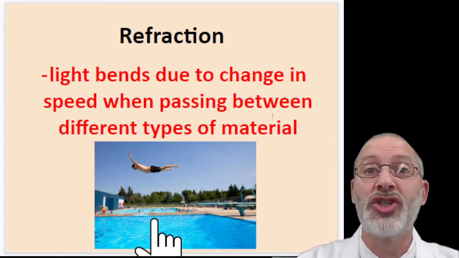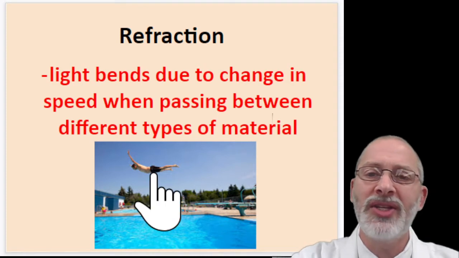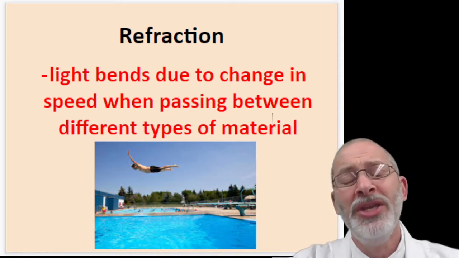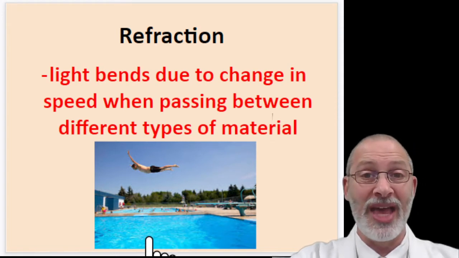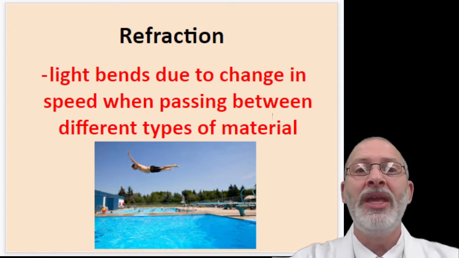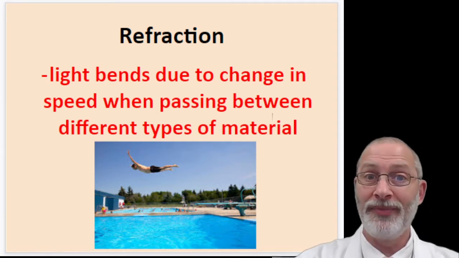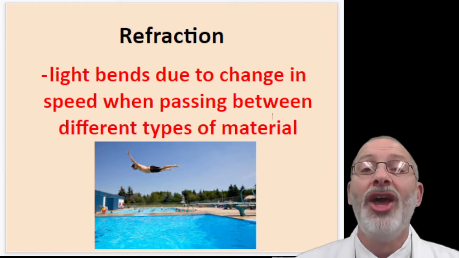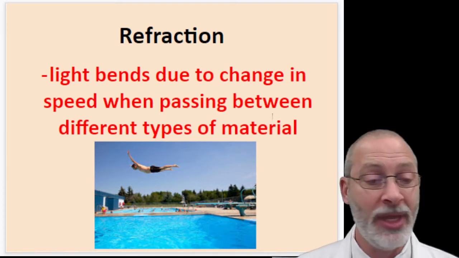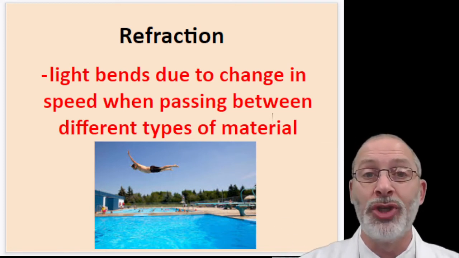It slows down. And when it slows down, just like this belly flopper changes speed, so does light. And as that light slows down, it actually changes the angle that we see it. We call that refraction. And later in the lab we'll actually do this demonstration.